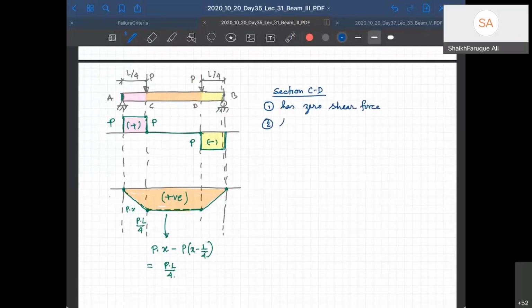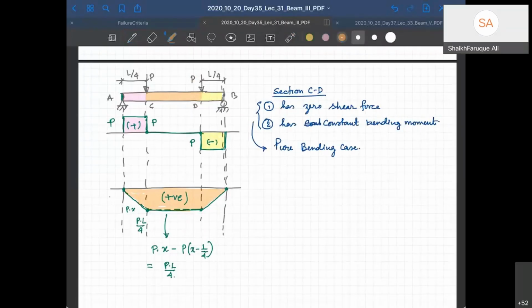And constant bending moment. This is called the pure bending case. You have heard it before also.